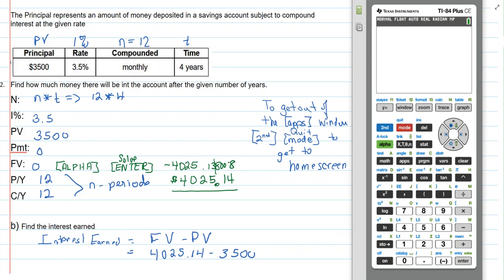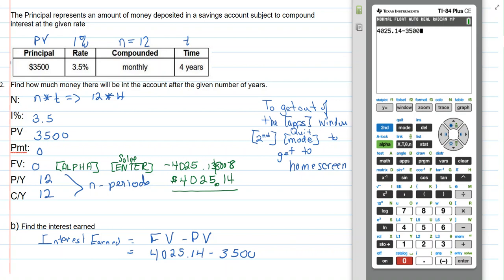Second mode, and I'm in the home screen. There I am. 4,025.14 minus the 3,500.